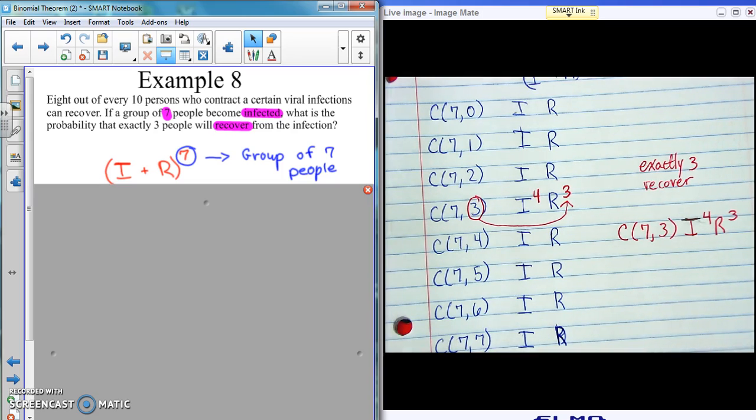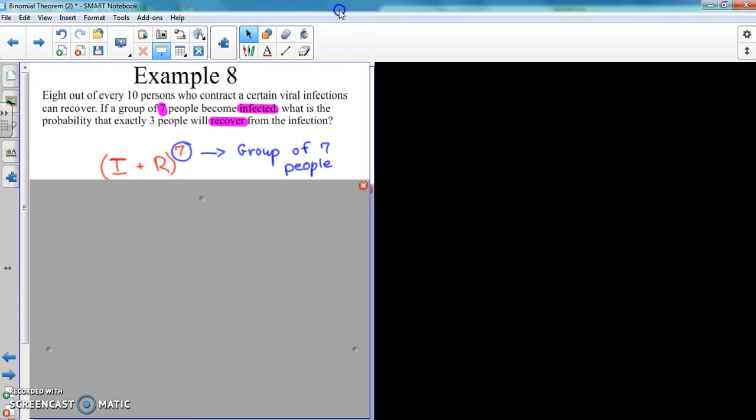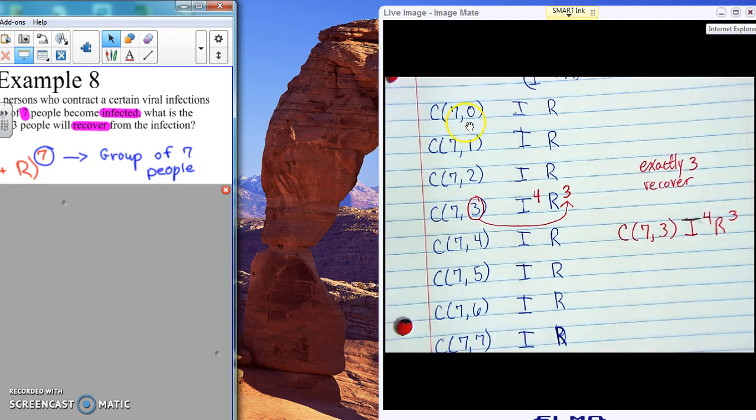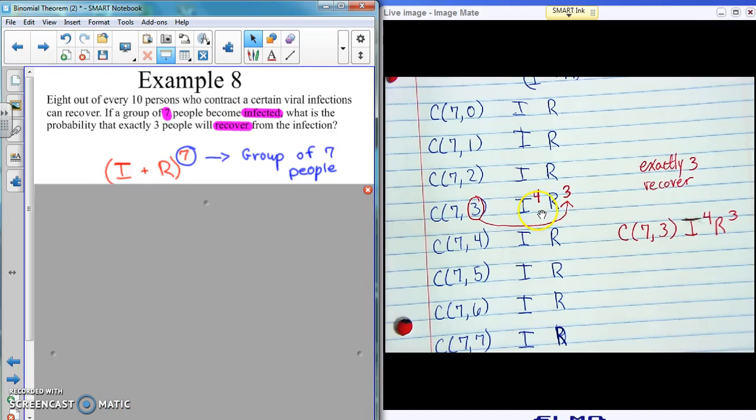So if you look at the very first line, it says 8 out of every 10 persons who contract a certain viral infection can recover. So with that, 8 out of 10 persons, what percent is 8 out of 10?